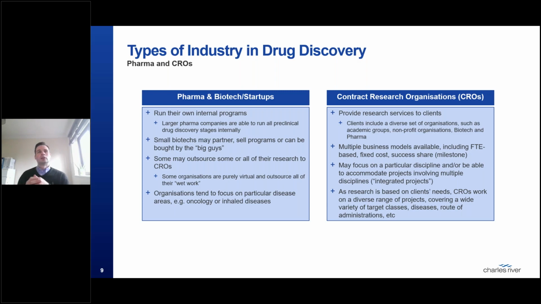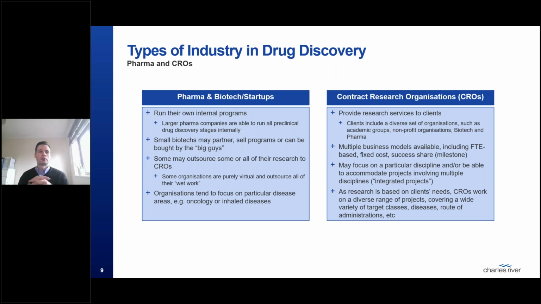On the other hand, contract research organizations provide research services to clients. We have all types of clients, from an academic group to a pharma and everything in between, biotechs, non-profit organizations. So everybody is welcome to us and to CROs.